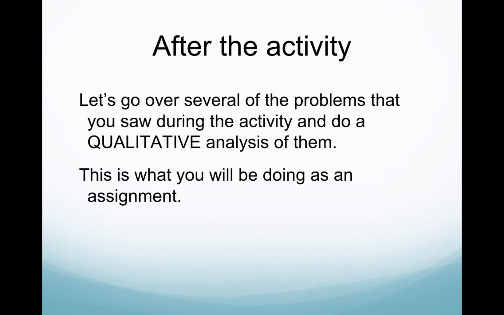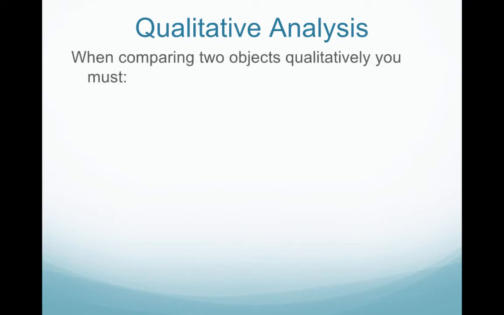Welcome back. After the activity, now let's go over several of the problems that you saw during the activity and do a qualitative analysis of them. This is what you will be doing on the assignment of 1.3a. So qualitative analysis.